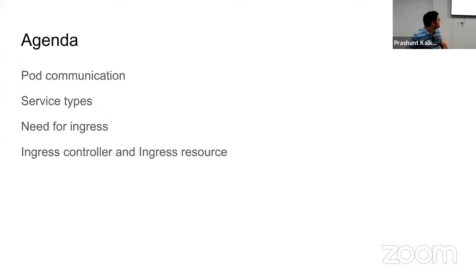Then the next concept is the ingress and ingress controller. We are going to talk about what an ingress resource is, what an ingress controller is, what a controller is in general, and why we need ingress if we already have something like a service. That's the overall agenda of this talk.